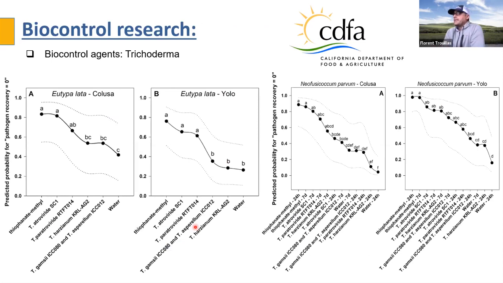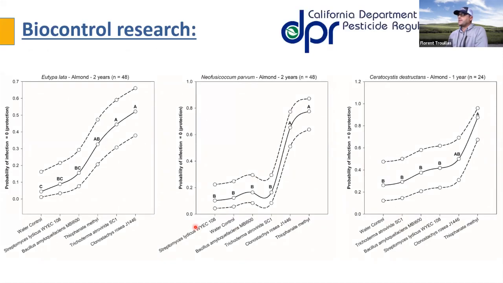With CDFA, again, we took the opportunity to look at more Trichoderma products. And the general outcome is there are quite a few products within this group of Trichoderma that are providing interesting control. So again, a good biocontrol category, Trichoderma products, for the management of this canker disease. Similarly, with DPR support, we looked at a different group.